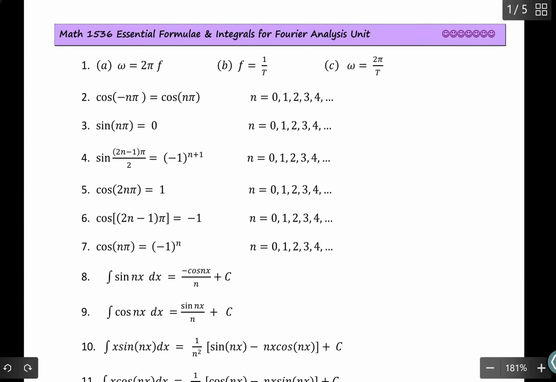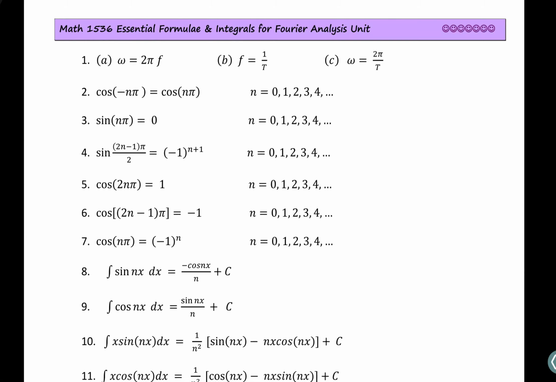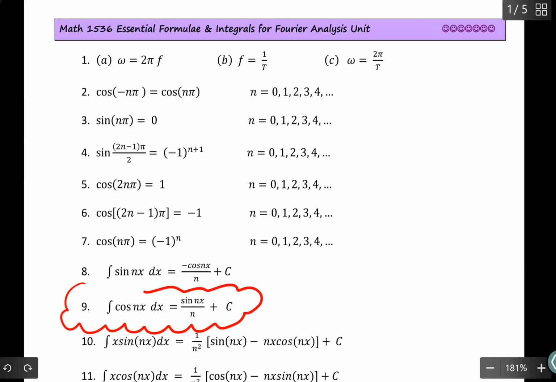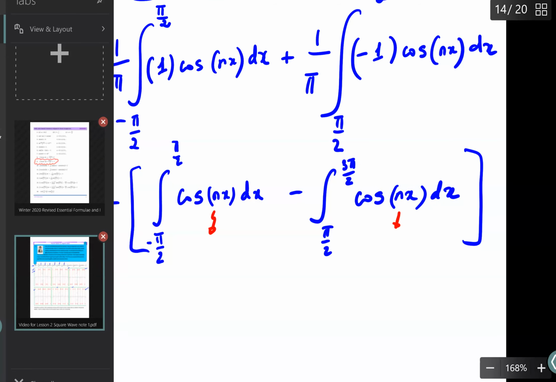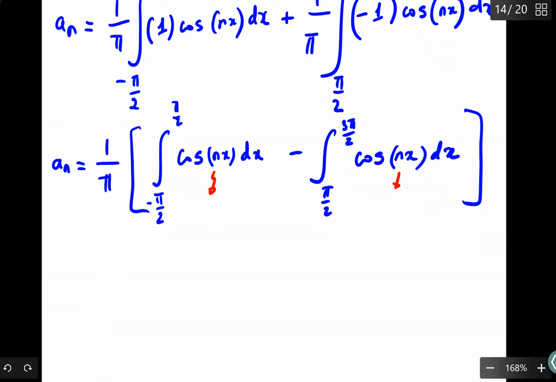I would like everyone to take a look at this sheet and try to find the integral of cos of nx dx. I found it right here. Formula number 9, integral of cos of nx dx will be sine of nx divided by n plus c, but we are working with a definite integral, and we have to apply the fundamental theorem in this case. So an is equal to 1 over pi.